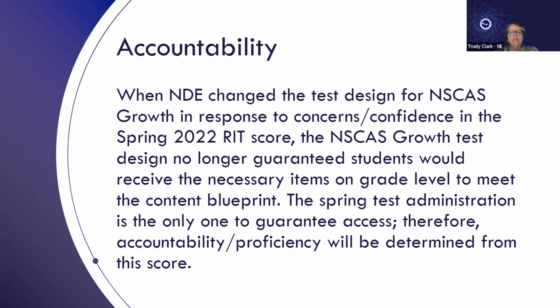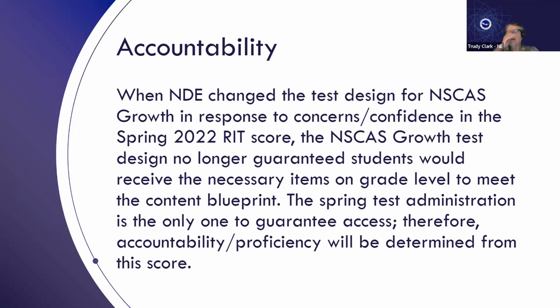And for that reason, and because the spring test administration is the only one that we will guarantee access to all the items that are necessary to determine proficiency to create that scale score, accountability or proficiency will be determined from the spring test administration.